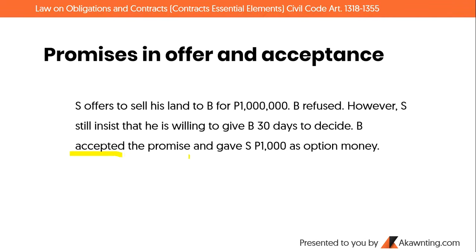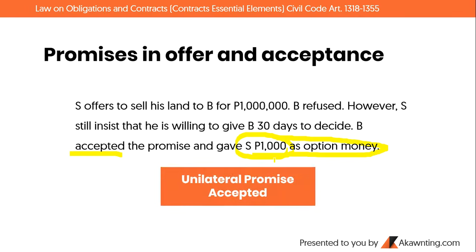And, additionally, this time, nagkaroon ng valuable consideration that will support the promise. So 1,000 peso na option money. So in this case, the question is, mababayin ba si S kay B? Okay? Mababayin ba si S sa kanyang promise? The answer is yes this time, di ba? Kasi yun nga, merong option money to support the promise.